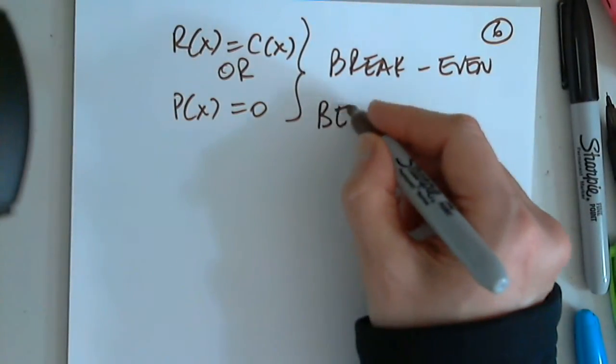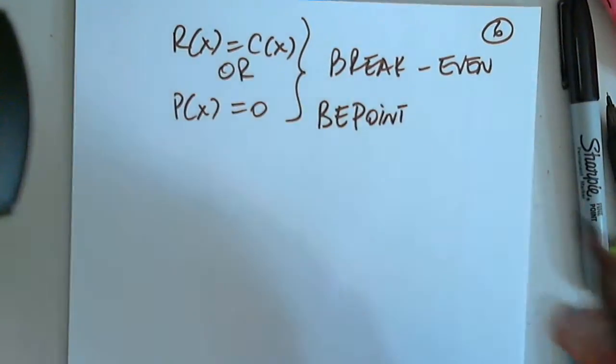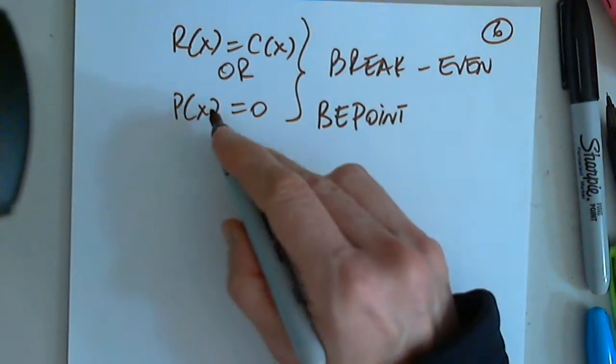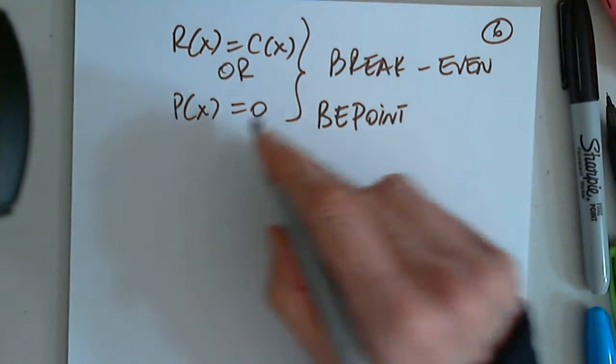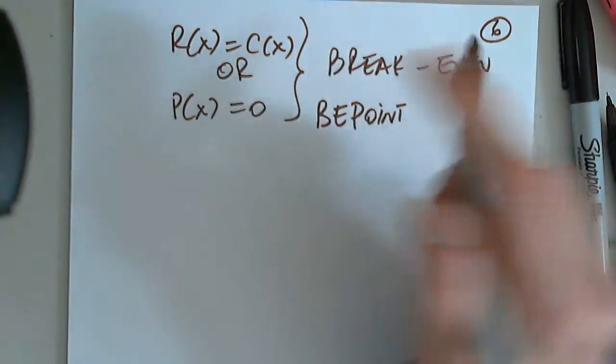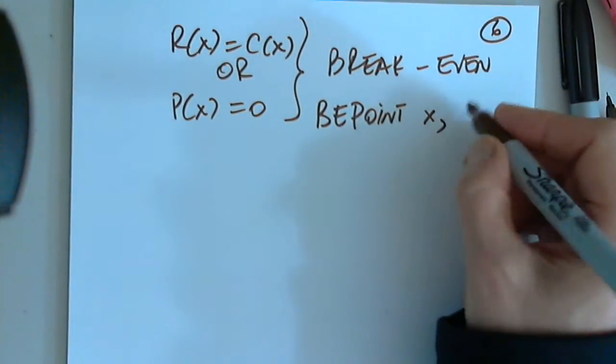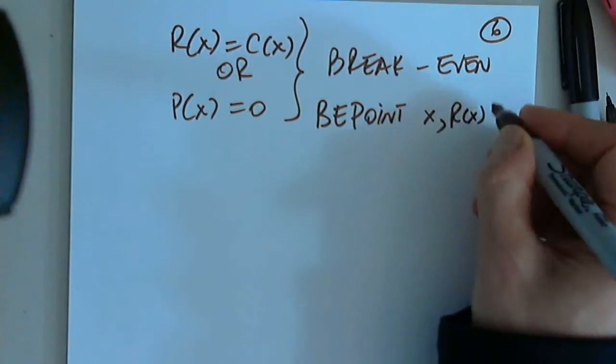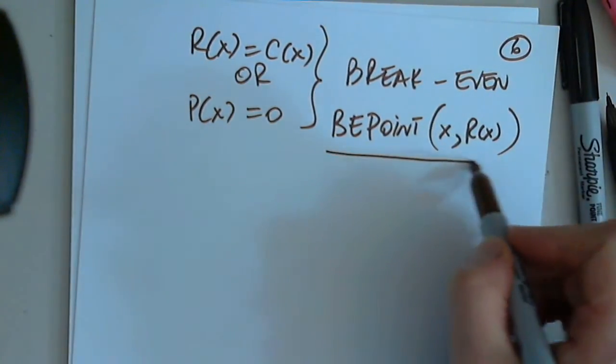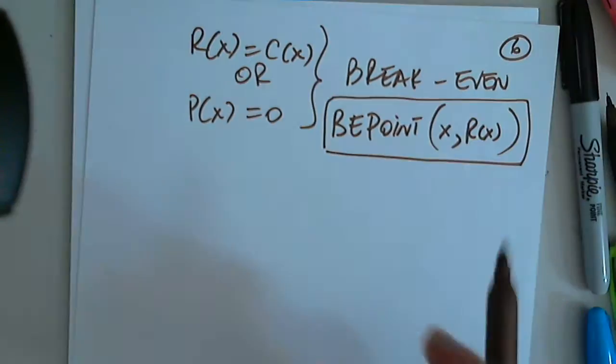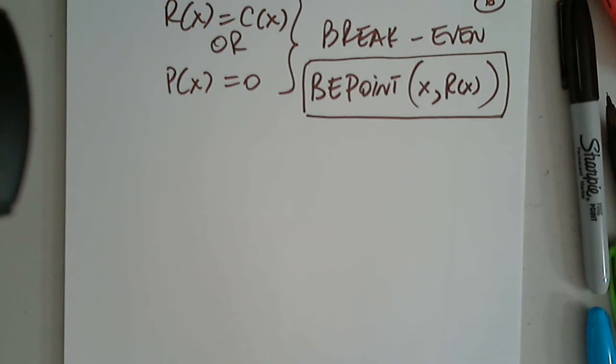The break even point is this x that gives us profit 0 or gives us revenue equals cost, comma, revenue of that number. This is the break even point. Okay, so now I would like to look at a problem.